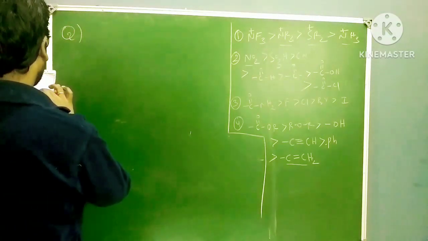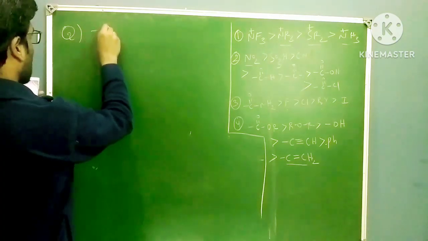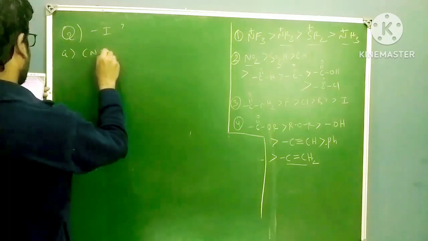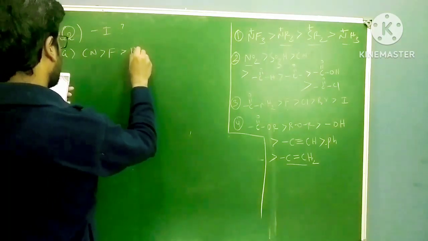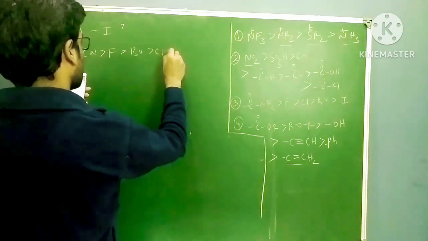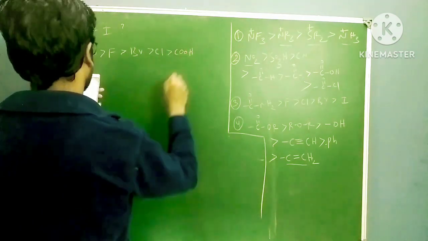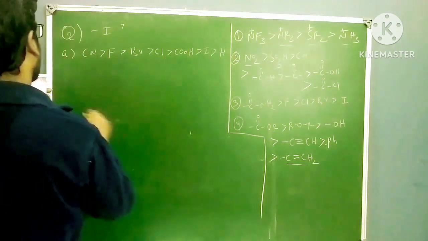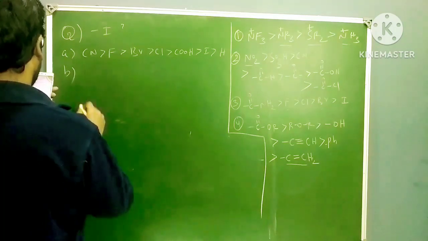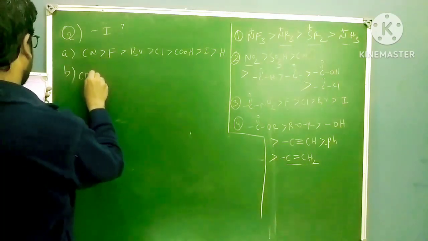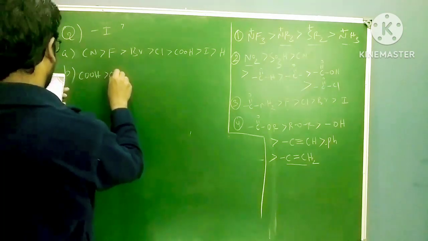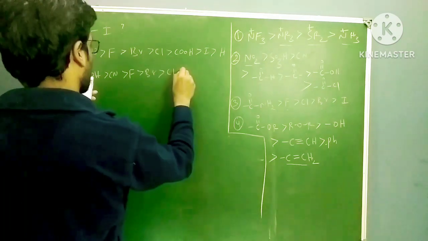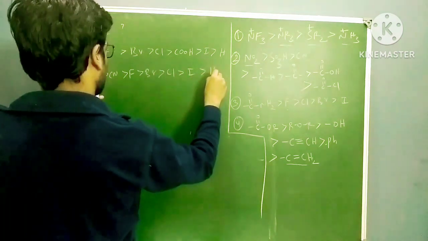You have to tell about the order of minus I effect. The first option: CN, fluorine, bromine, chlorine, COOH, iodine, hydrogen. Hydrogen always shows plus I. Next: COOH, CN, fluorine, bromine, chlorine, iodine, hydrogen.